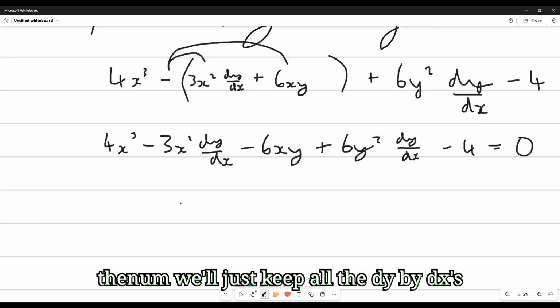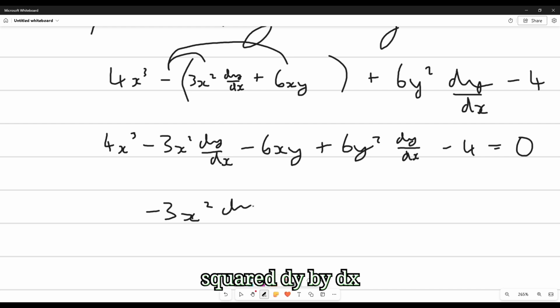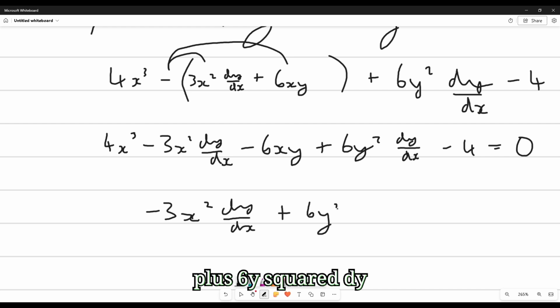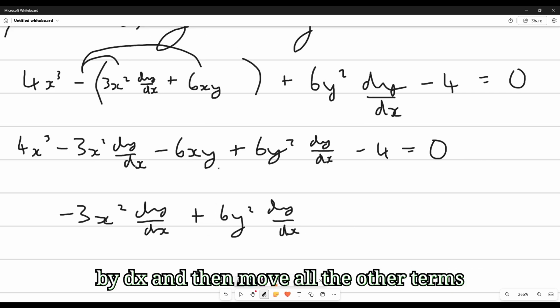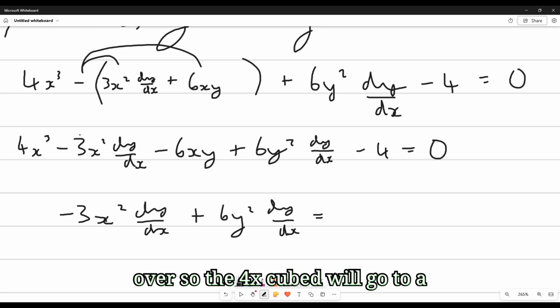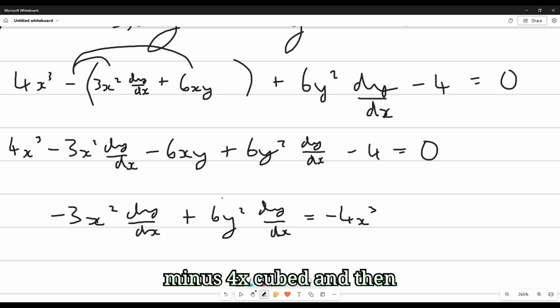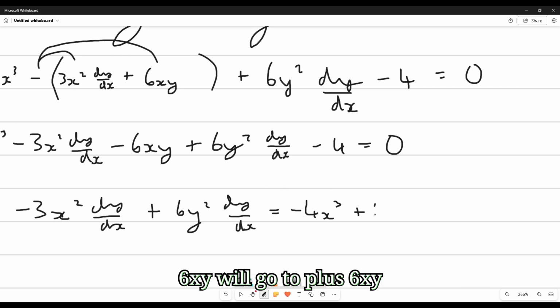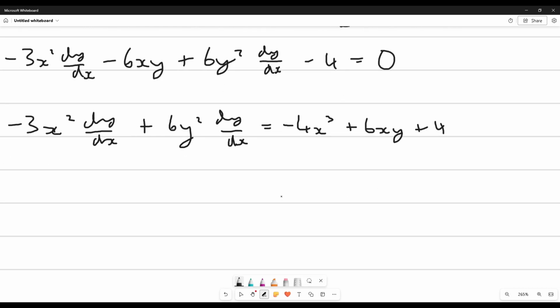And then we'll just keep all the dy by dx's on the same side, so minus 3x squared dy by dx plus 6y squared dy by dx, and then move all the other terms over. So the 4x cubed will go to a minus 4x cubed, and then 6xy will go to a plus 6xy, and minus 4 will just go to 4.